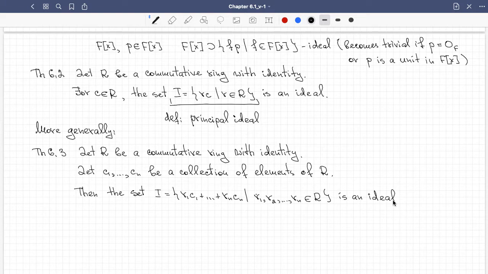Again, the proof runs along the same lines. This is a very straightforward generalization, and this is called a finitely generated ideal.